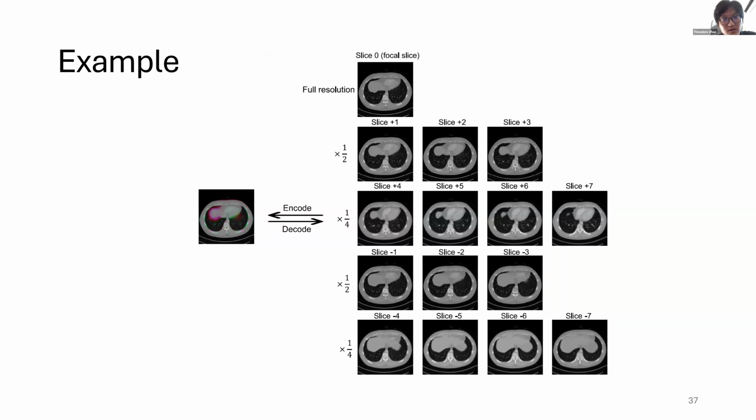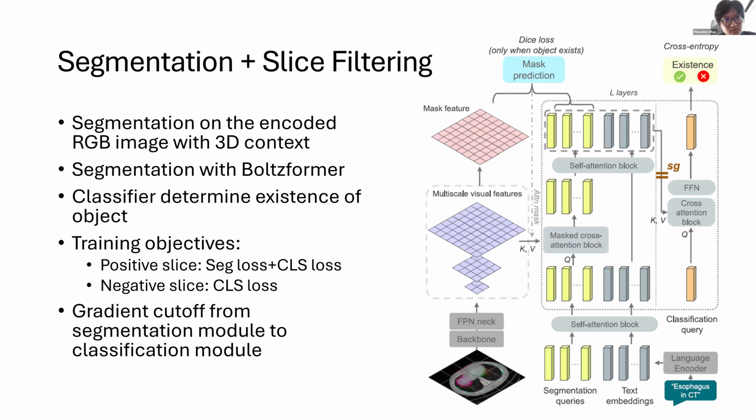There is a focal slice at full resolution, which is the one we are going to perform segmentation on, and there are slices downsampled by half, and downsampled by a quarter, and also the slices on the other side, the other half of the 3D context. So they contain the exact same amount of information without any loss. But these ones are downsampled. It's hard to see on this slice, but this is one example.